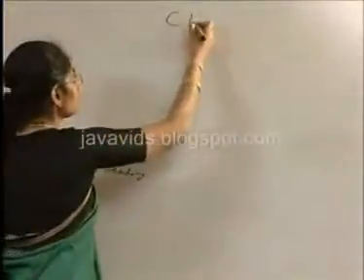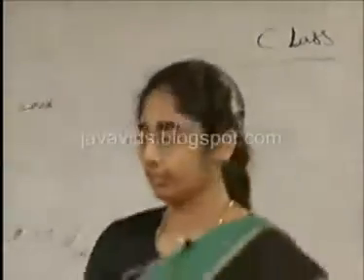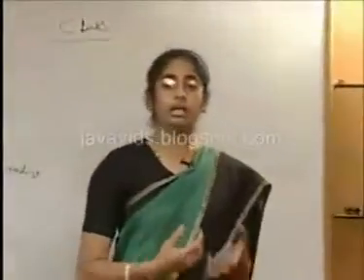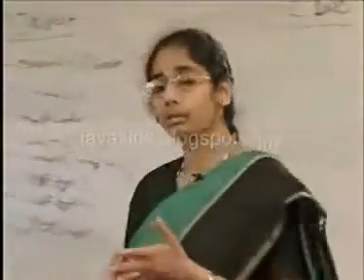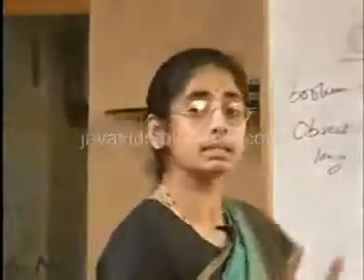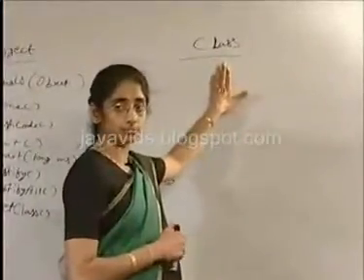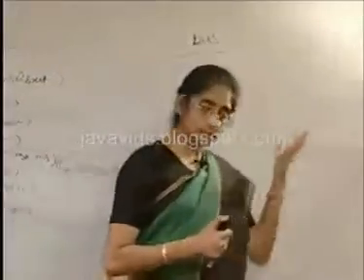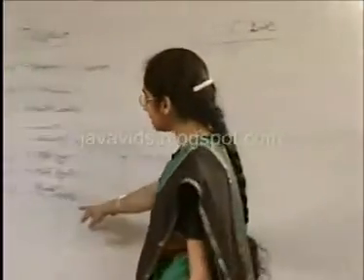Class is used to make a reflection on a class. For example, let's say I define class A and I would like to find out the contents of class A, like what are the variables, what are the methods, what is the name of the class, what is the scope of the class, what is the parent class for this class, etc. So I can find out by making a reflection on a class. So I create an instance of class A. On that instance, I call the getClass method.